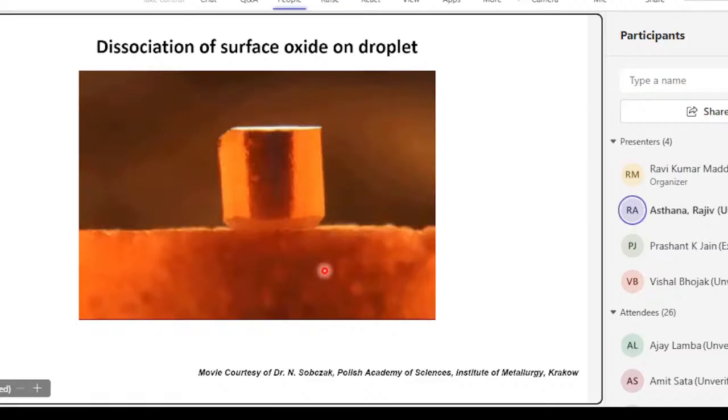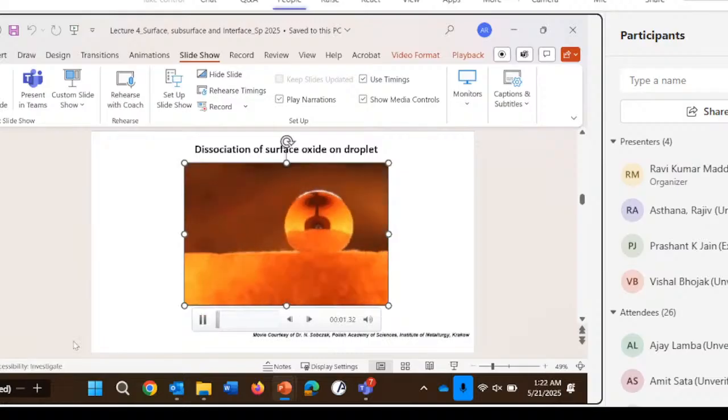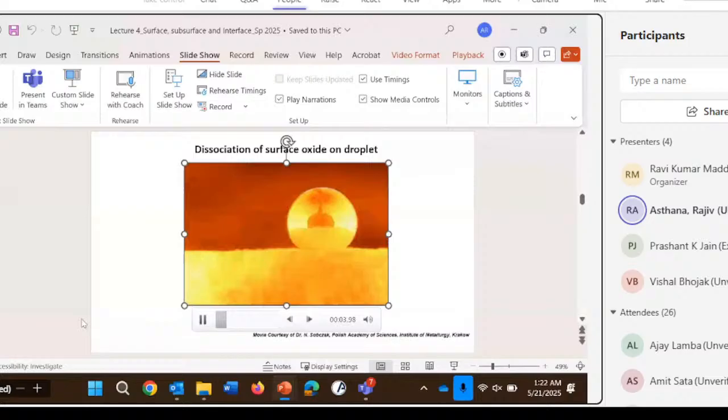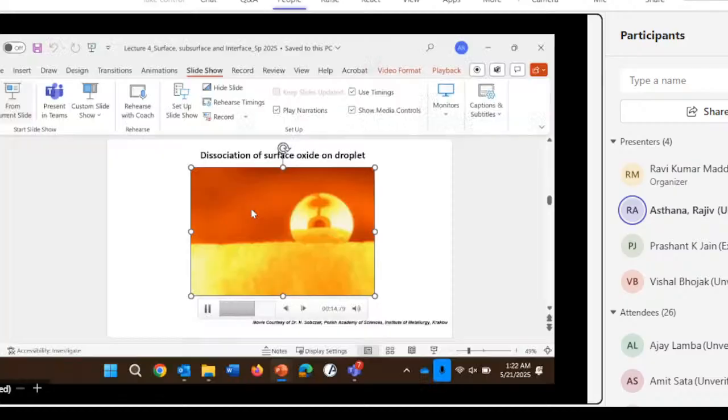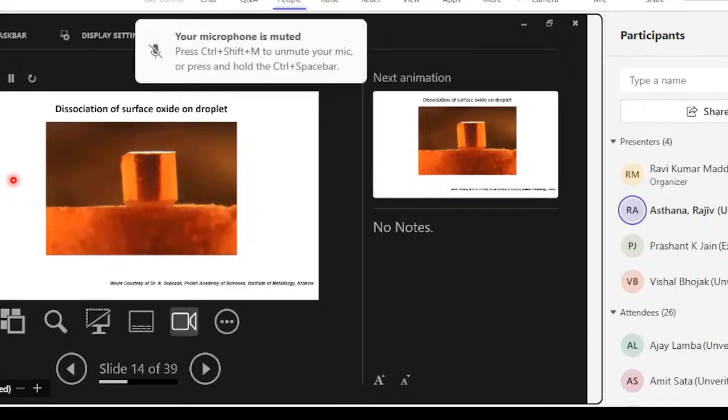Maybe it's not running the video here. Sure, let me see if I can run it this way. You see the droplet has melted, and you will see a little oxide skin that broke off. So these kinds of effects are quite challenging to handle at high temperatures. Am I okay with this?